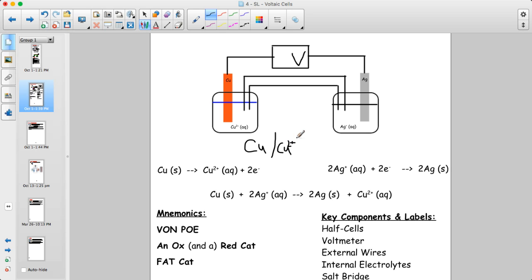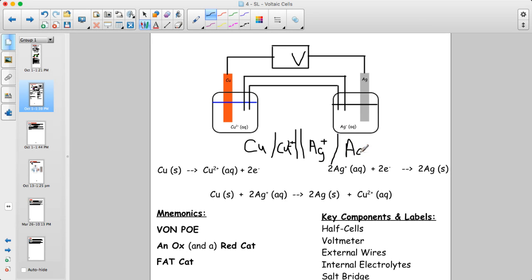I would draw two vertical lines here that represent the salt bridge. And then on the other side, I would draw the other ion, because the salt bridge sticks into the two solutions. So the two solutions, the two ions, should be on either side of the salt bridge. And then I would have Ag.